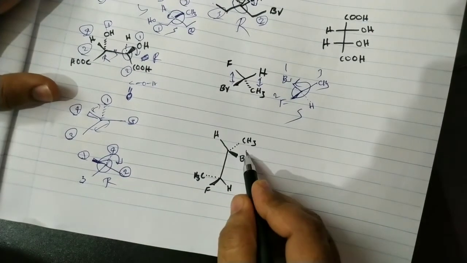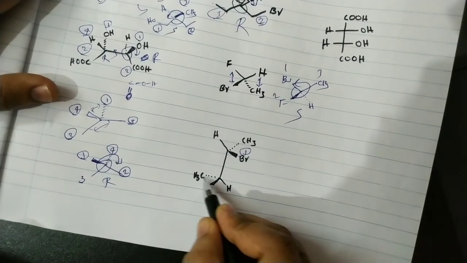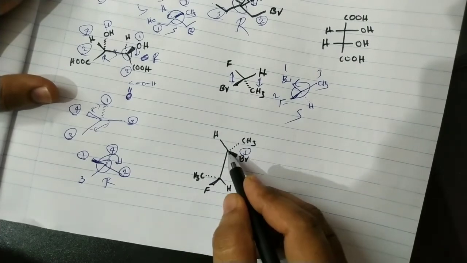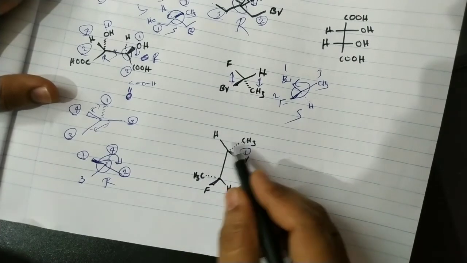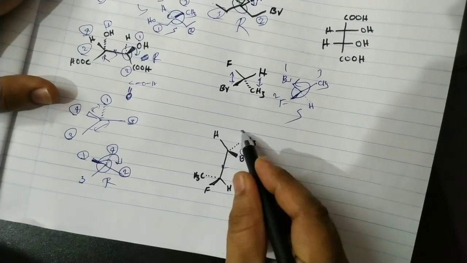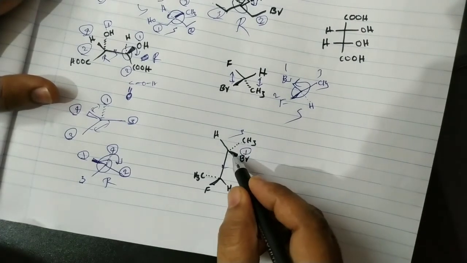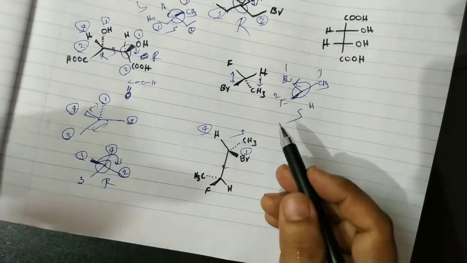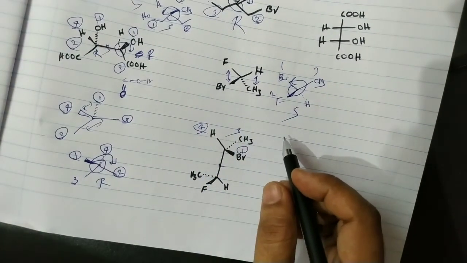So in this case, again the first priority is carbon, where the carbon is attached to fluorine, here the carbon is attached to another carbon, and here the carbon is attached just to carbon. So first priority, second priority, and third priority. So here 1, 2, actually this group is on the plane. Okay. So in this case, we do some operations again.